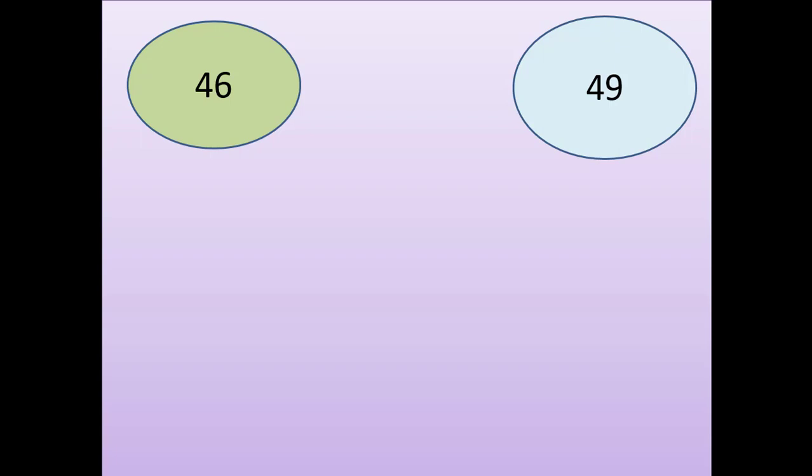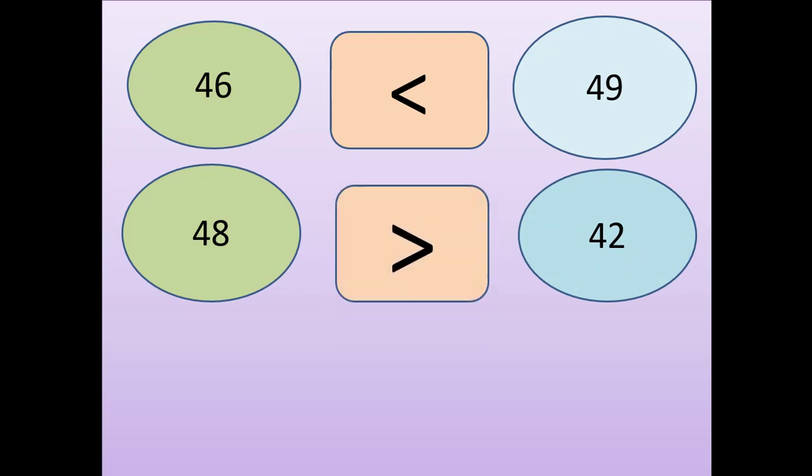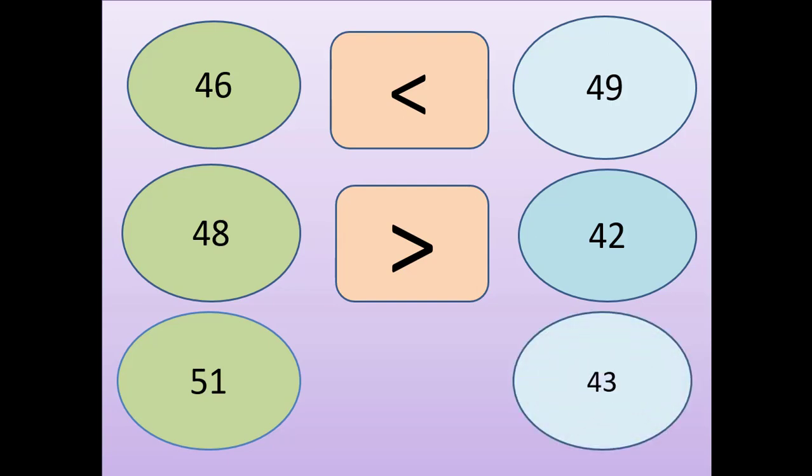Yes, the first number is less than the second number, so less than sign comes. 48, 42. Which is more? 48, so greater than sign. 51 and 43. Which is the more number? 51. 51 is greater than 43. So we use greater than sign.